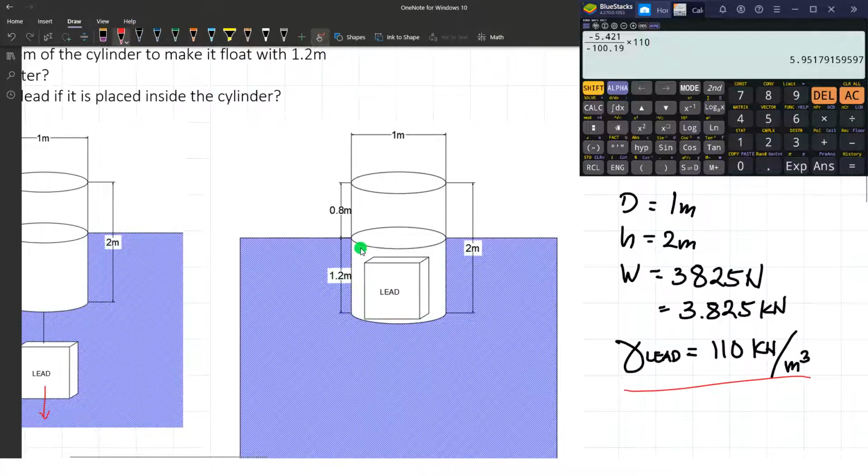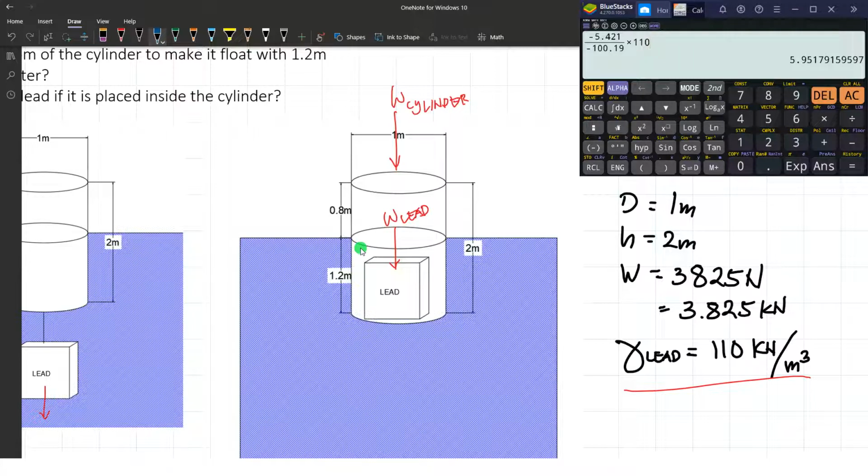So it means if we are going again to determine the forces present here, we have the weight of the cylinder, weight of lead, and how about the buoyant force? How many buoyant force will be present here?